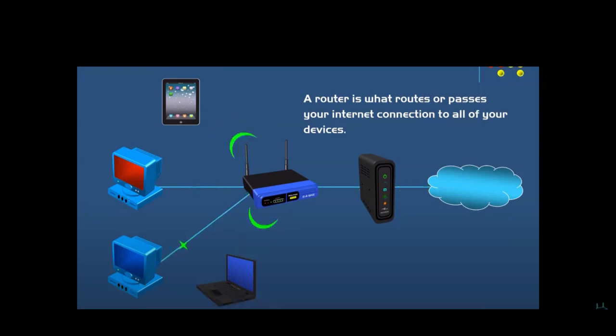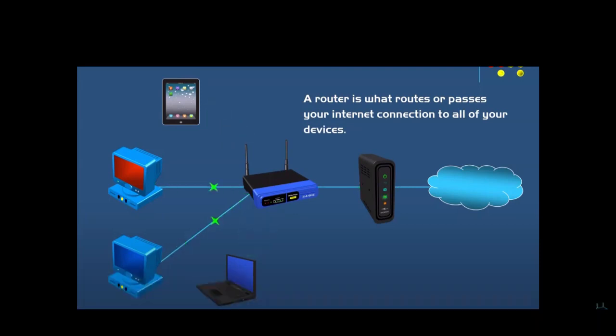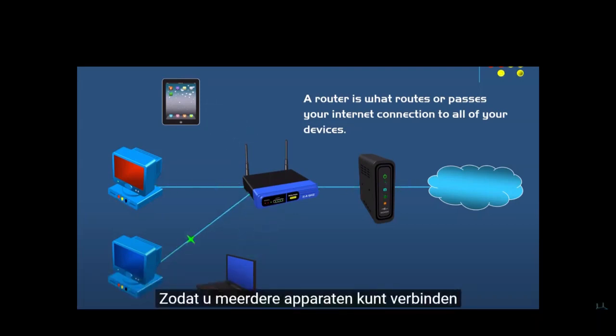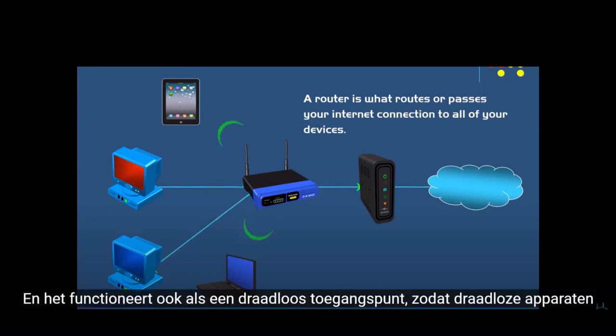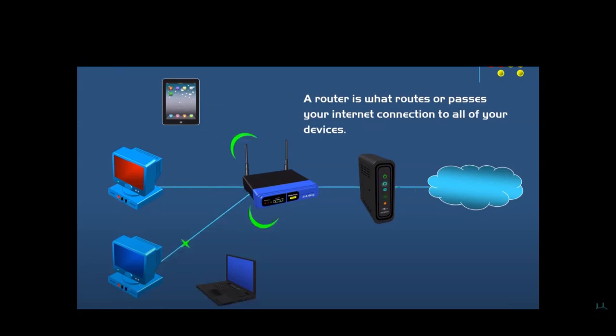A typical small office, home office router like this one here will have a built-in switch with multiple ports so that you can connect multiple devices using an Ethernet cable connection. And it also functions as a wireless access point so that wireless devices such as tablets and laptops can have internet access.